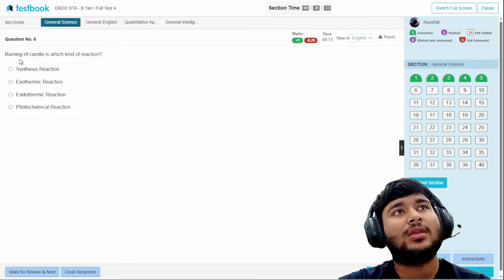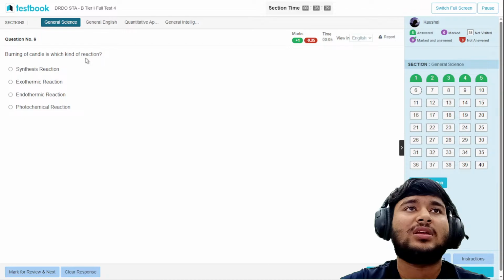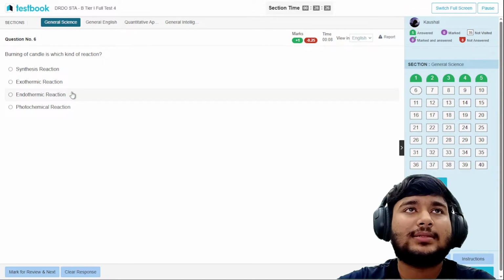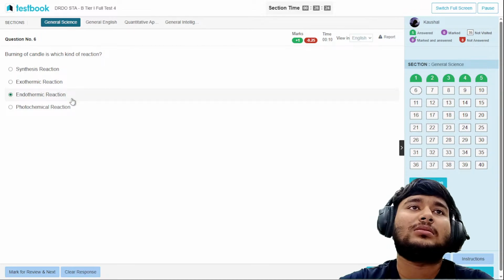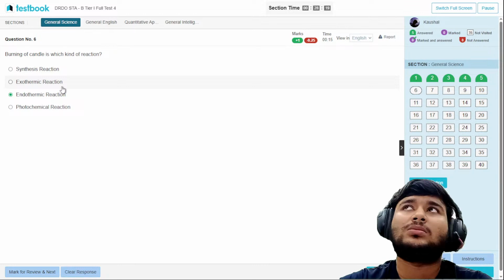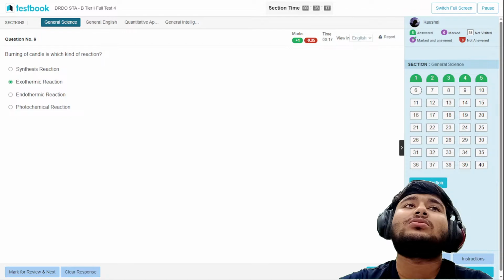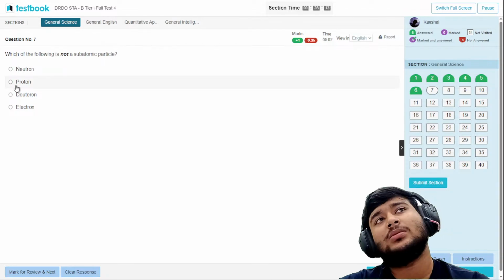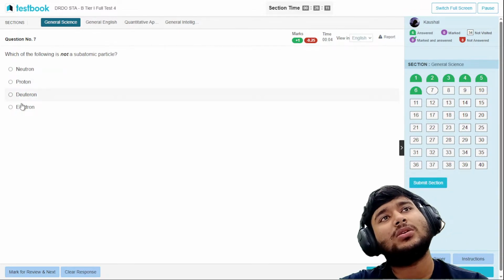Burning of candle is which kind of reaction? Exothermic बाहर से. Exothermic होना बाहर. Not a subatomic particle.